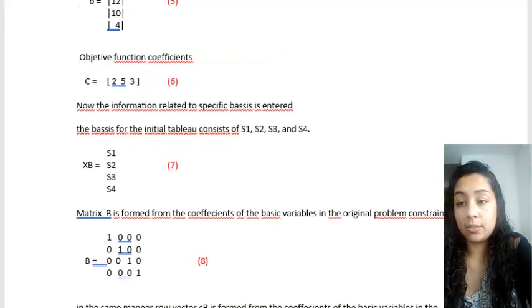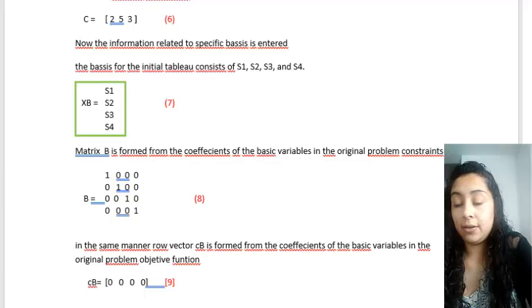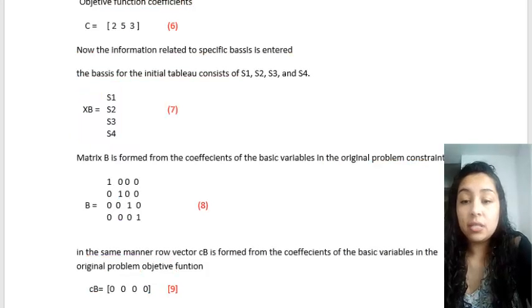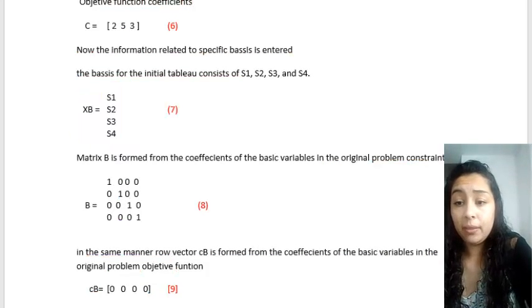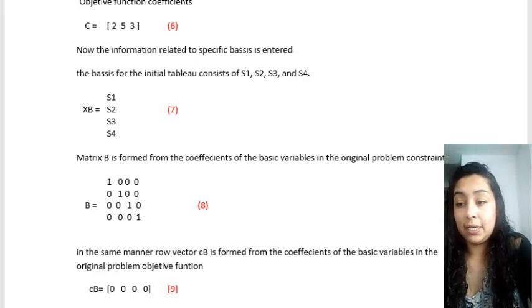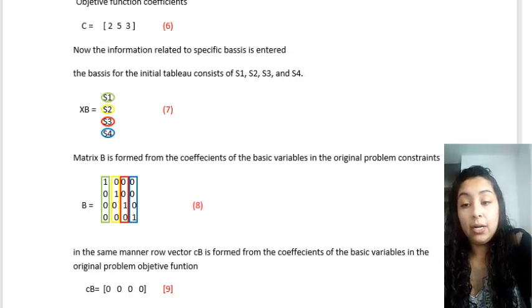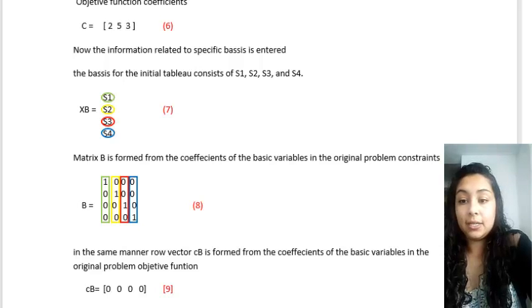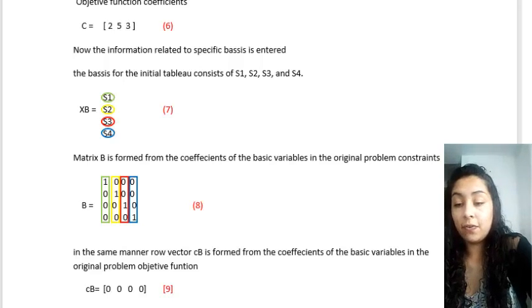In this case, our basis includes S1, S2, S3, and S4. The matrix B is formed from the coefficients of these variables. We have the basic variables S1, S2, S3, and S4, and B is formed from the original problem.